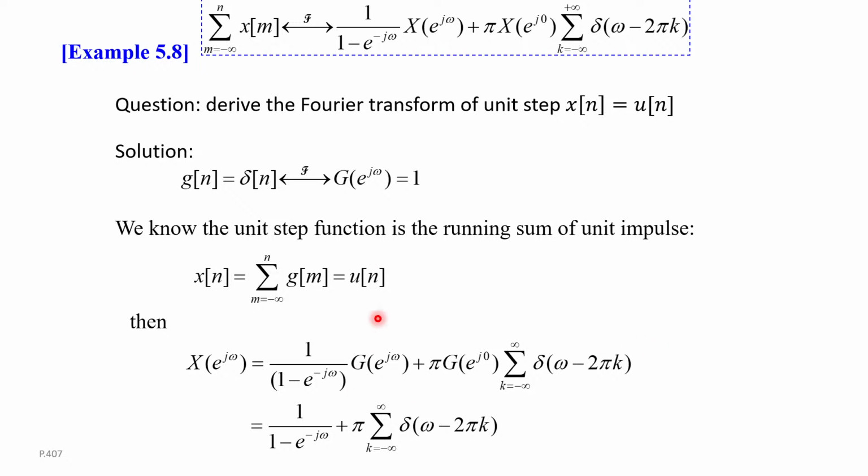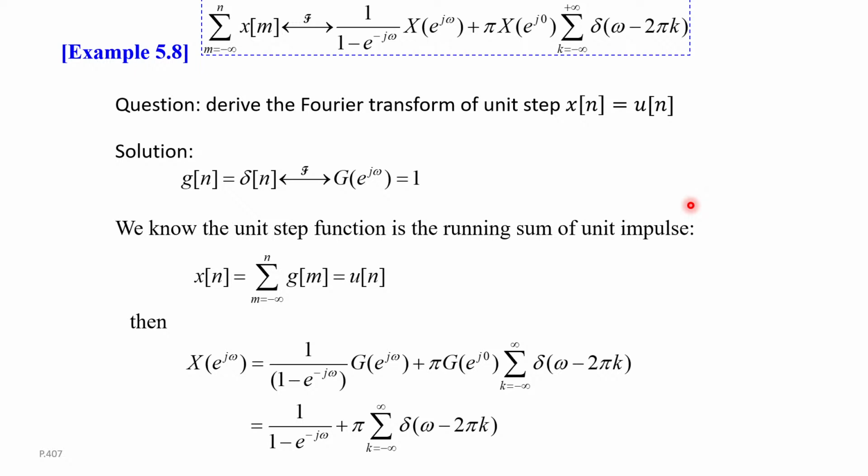And because our big G is just 1 here, so it is 1 over 1 minus e to the minus j omega plus pi and sum over your impulse train. So that's the discrete Fourier transform of your discrete unit step function.